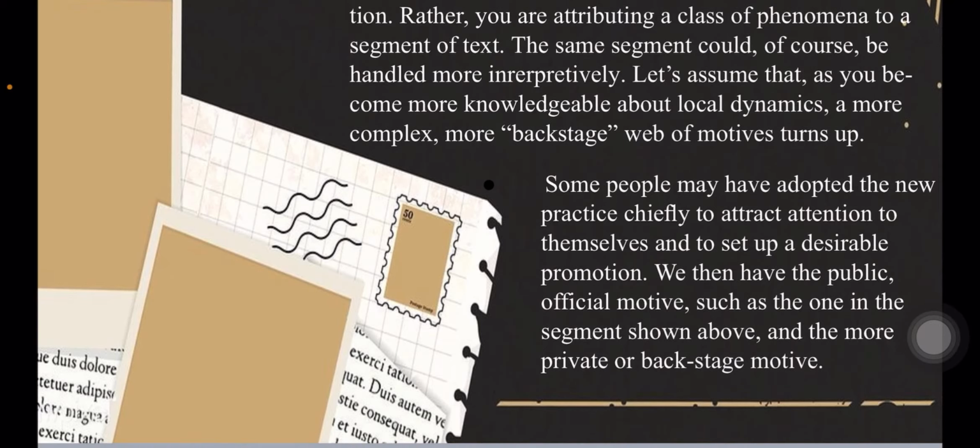Some people may have adopted the new practice chiefly to attract attention to themselves and to set up a desirable promotion. We then have the public, more visible motive, such as the one in the segment shown above, and the more private or backstage motive.